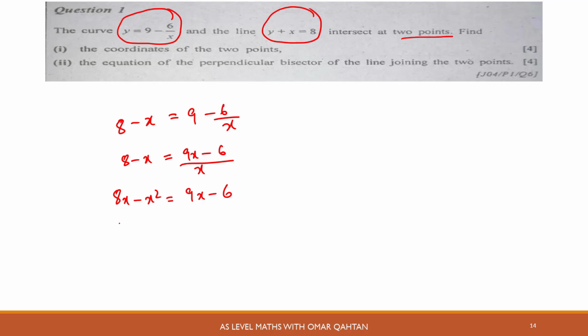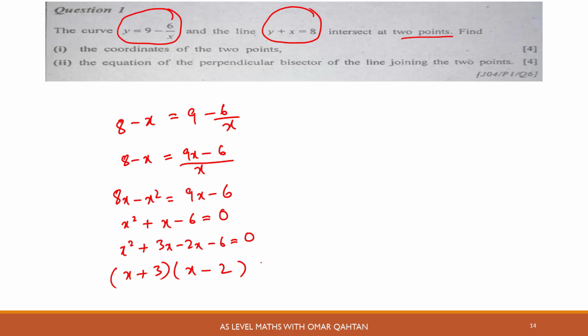We have already converted our equation into a quadratic one. x squared plus x minus 6 is equal to 0. Factorizing it accordingly, x squared plus 3x minus 2x minus 6 is equal to 0. Then x plus 3 into x minus 2 is equal to 0. And the x values are x equals minus 3 or x equals 2.